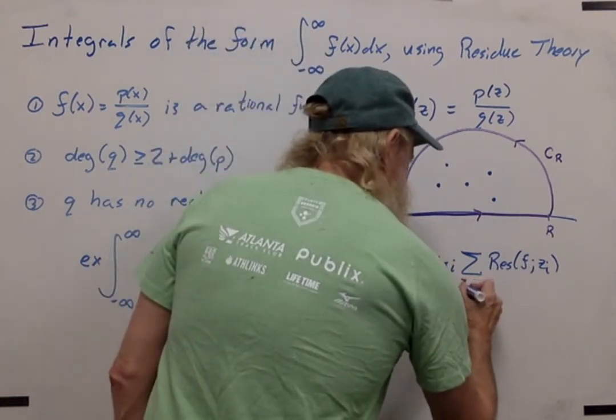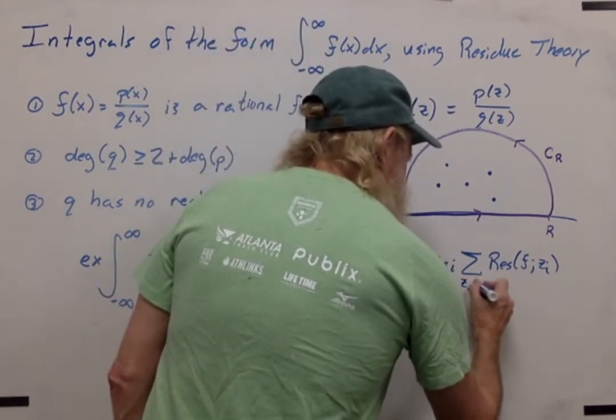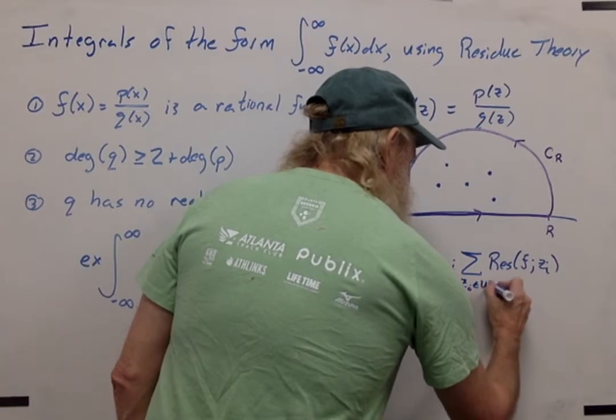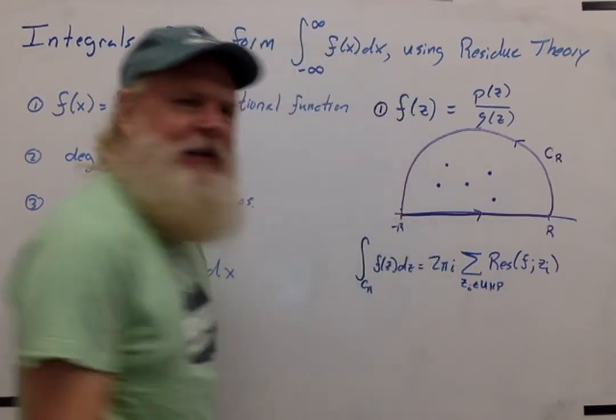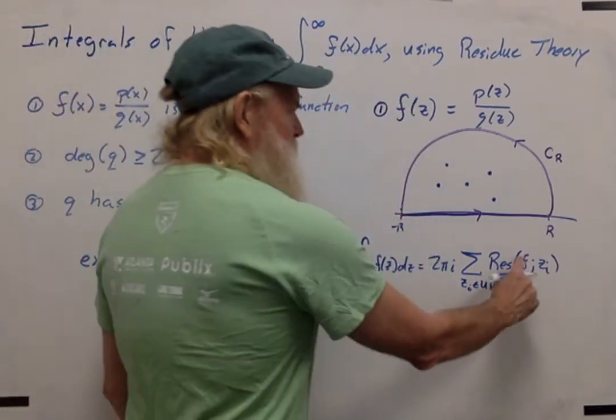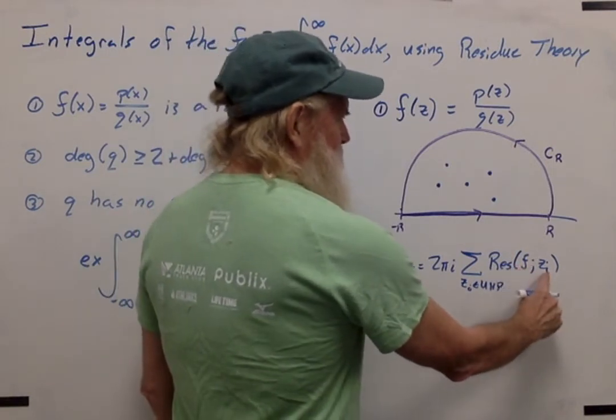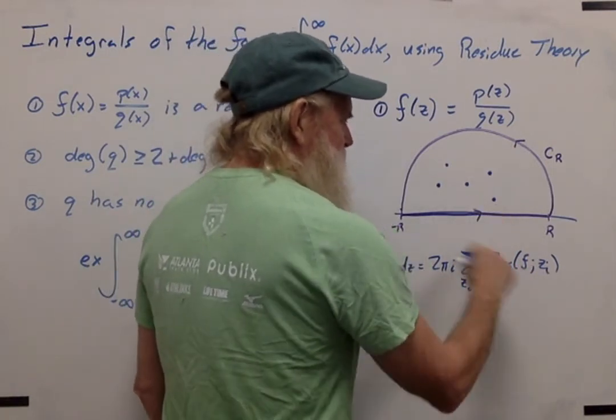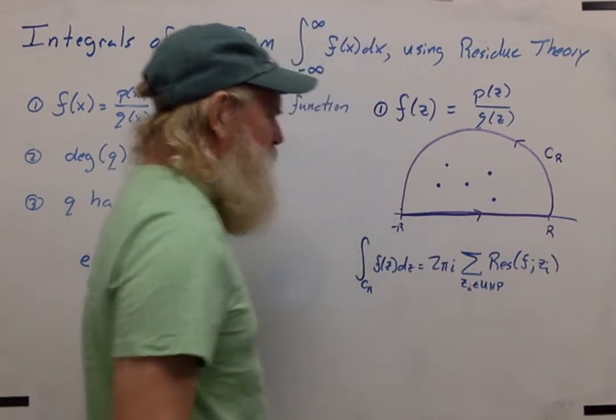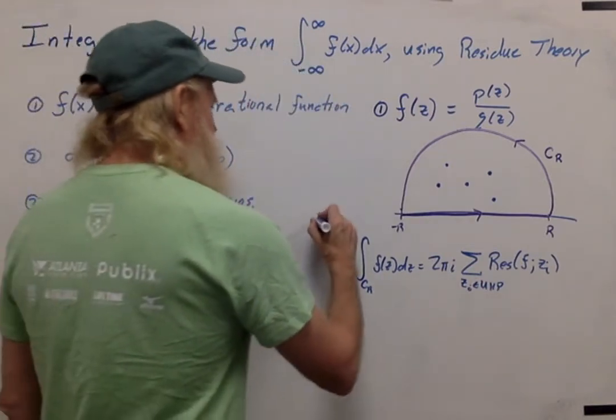So I'm going to indicate that here by saying z sub i is in UHP, for upper half plane. So I'll find the residues of the function at all the poles in the upper half plane and add them together and then multiply by 2 pi i. So that's what the residue theorem tells us.